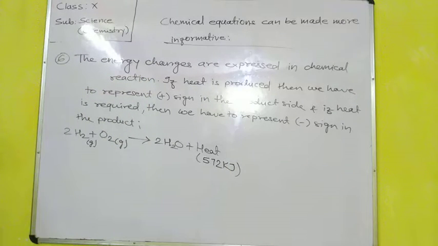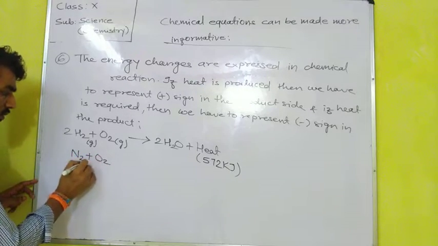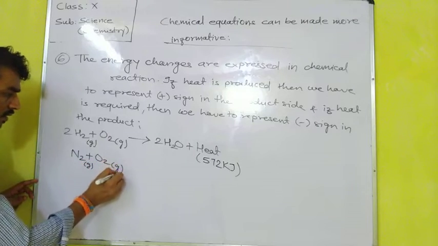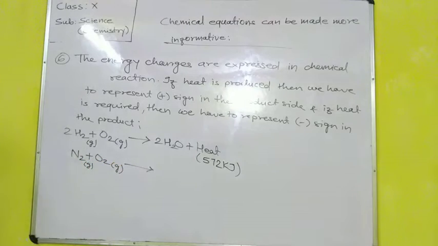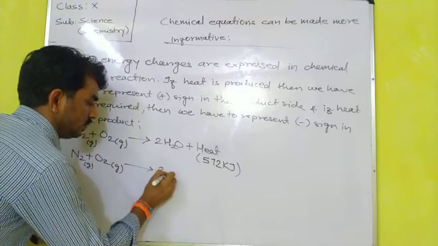Suppose for the combination of N2 plus O2, nitrogen and oxygen in the gaseous form, it forms nitric oxide, 2NO.